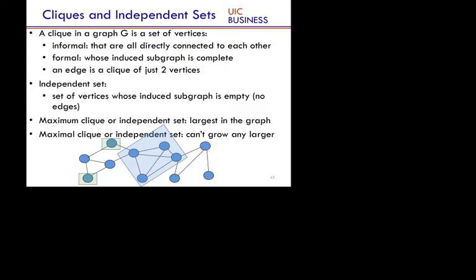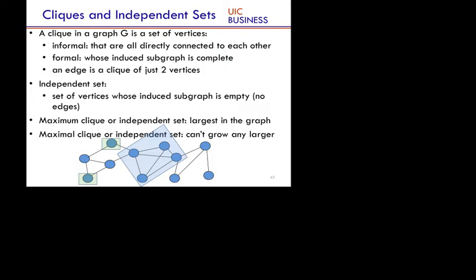So an independent set is just a set of vertices. Given a graph, I can pick a bunch of vertices and get a subgraph, right? If the subgraph is such that no nodes have edges between them, then it's an independent set.